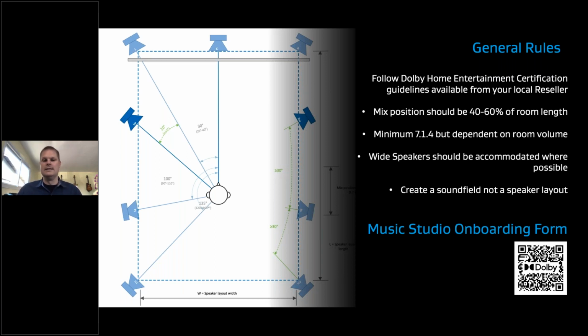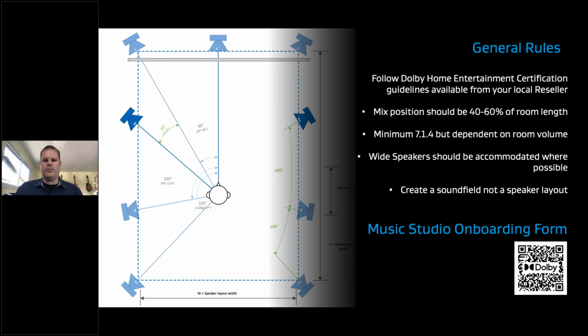It really doesn't matter, and it's dependent more on the cubic volume of your room and the coverage needed for that, not the channel count that you have. So the flexibility is there in the renderer to take any Atmos mix and be able to translate it into any room because it knows where the speakers are going to be in that secondary layout.